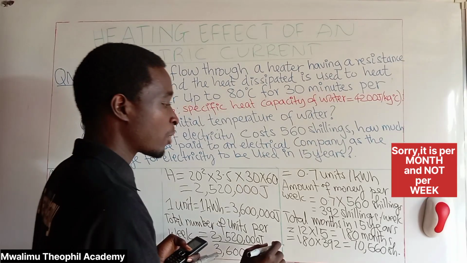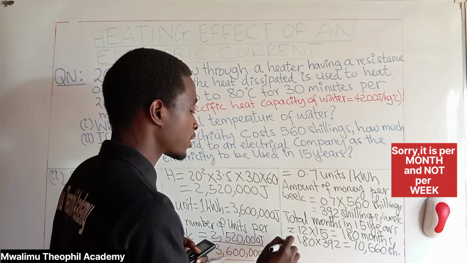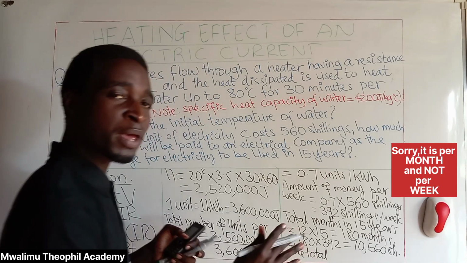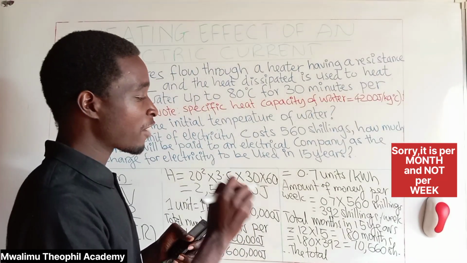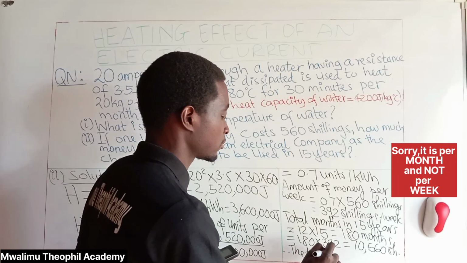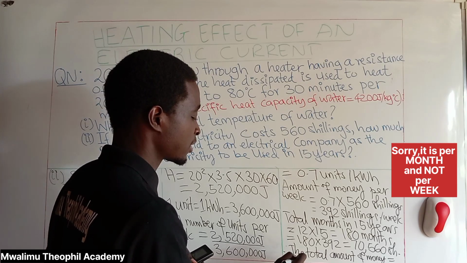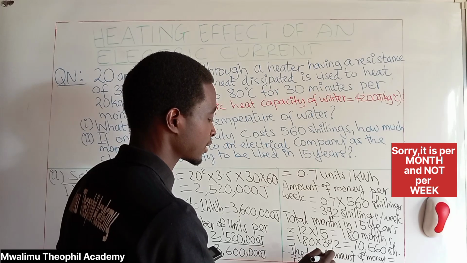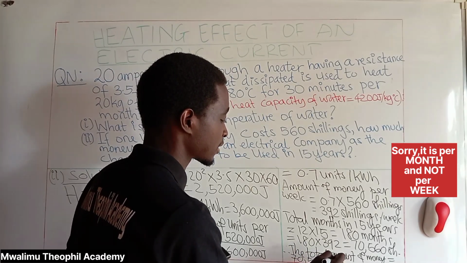So the total amount of money that will be paid for 15 years will be 70,560 shillings.